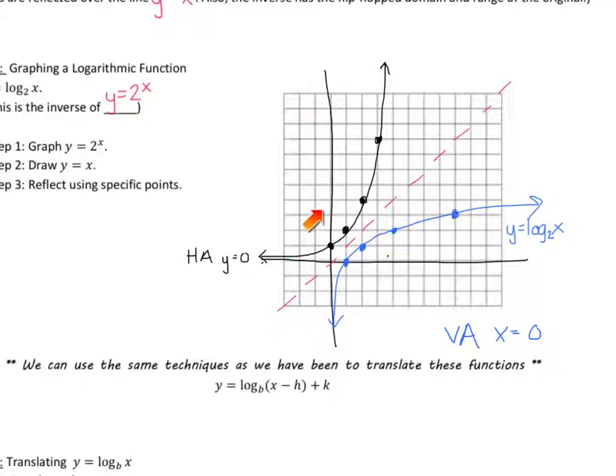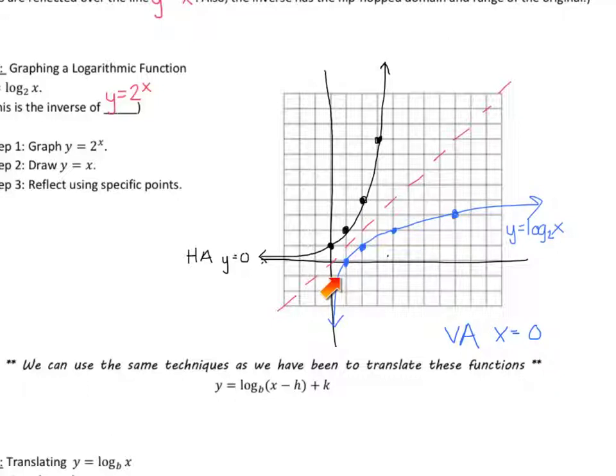So logarithmic functions have vertical asymptotes. Wait, where's the line for the axis? It's the axis right here. So it would approach and approach and approach 0 here, but it'd never actually get to it. Oh, so just that one, not the other one. Yeah, the other one's asymptote is the horizontal.